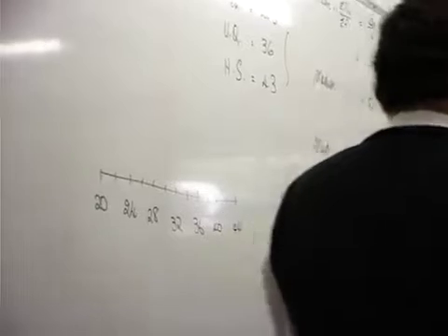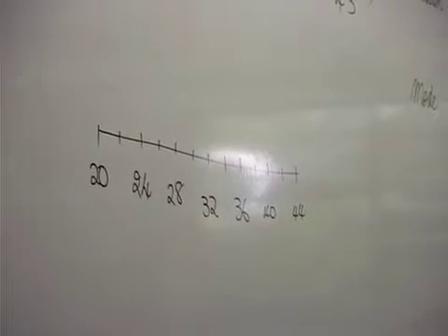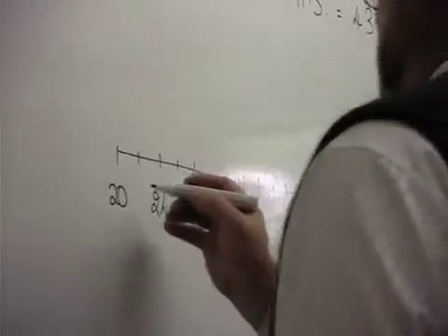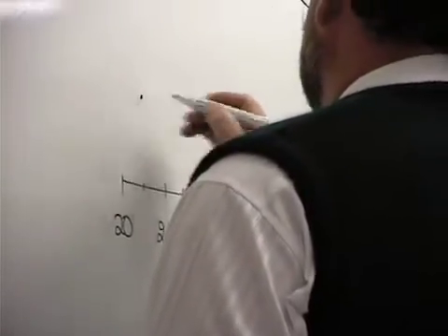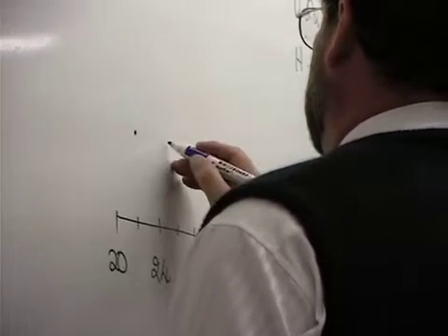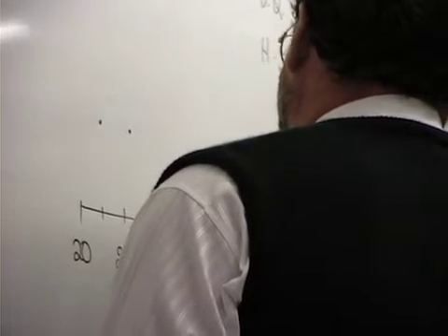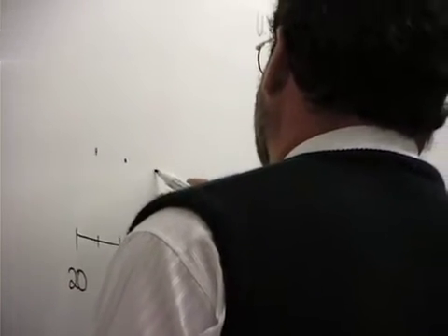Okay, so that was the scale that you elected to use, let's say. We then mark on that our 5-number summary. 22, there it is. 25, well, if that's 24 and that's 26, 25 is going to be right in the middle. 28.5, if that's 29, 28.5 is going to be there.